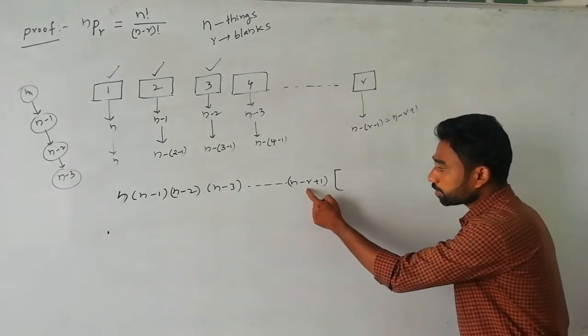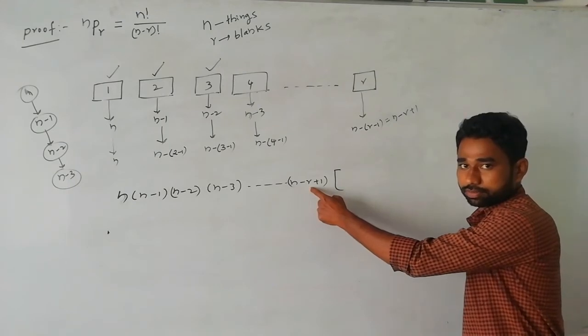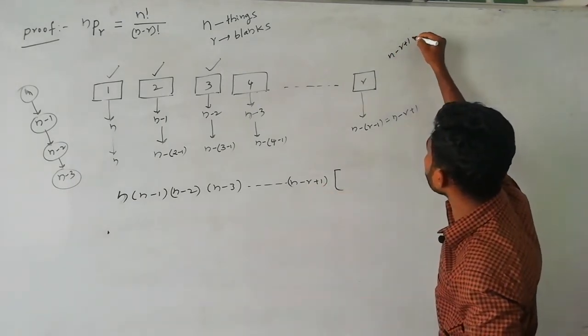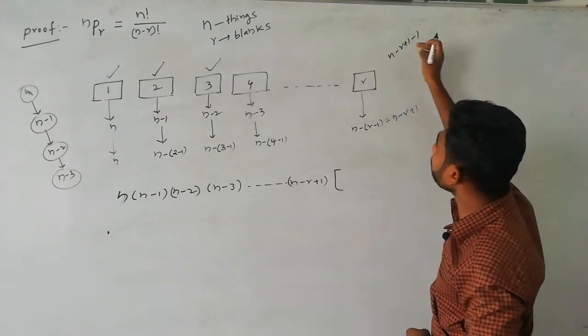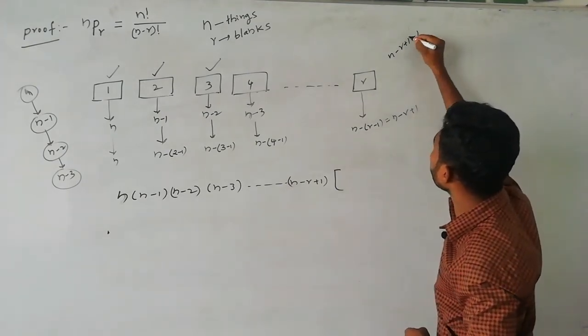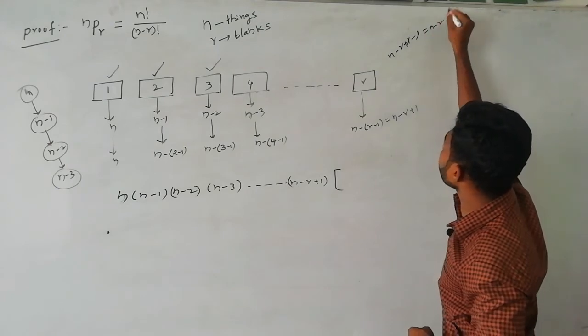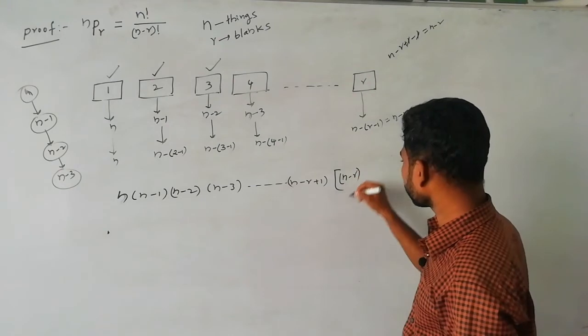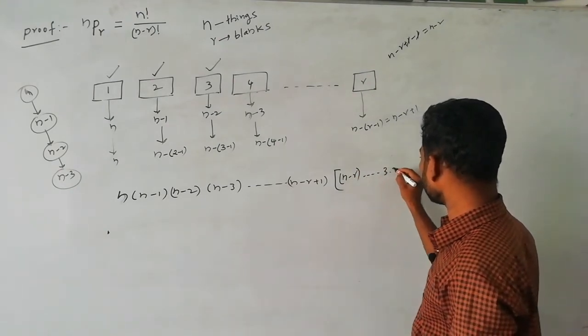So what is the previous number of this last term? Minus 1: n minus r plus 1 minus 1. That is only the previous number, decreasing by 1. Plus 1 minus 1 cancel, giving n minus r.